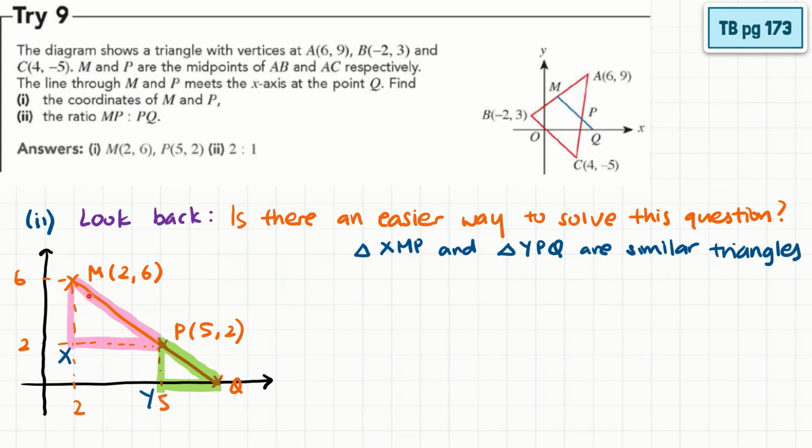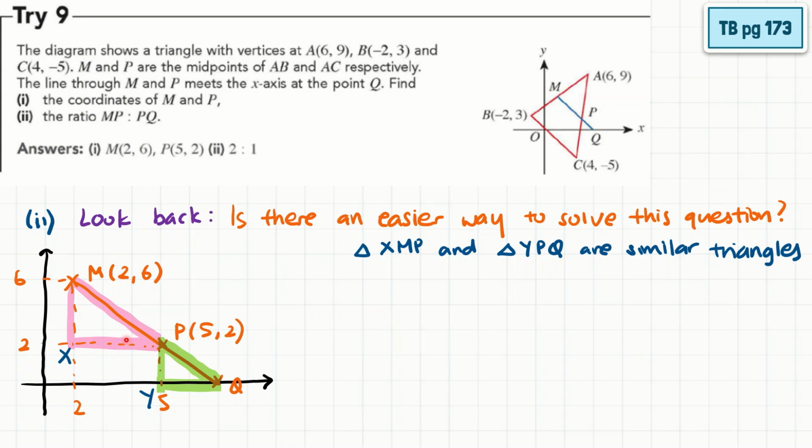Notice how I have been taking corresponding sides. MP and PQ are the diagonal sides. The vertical sides are your MX and PY, and then our horizontal sides are XP and YQ.